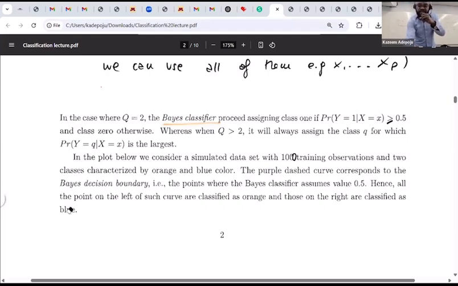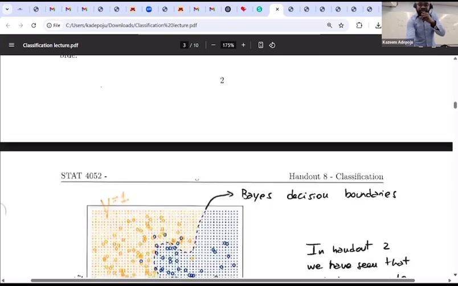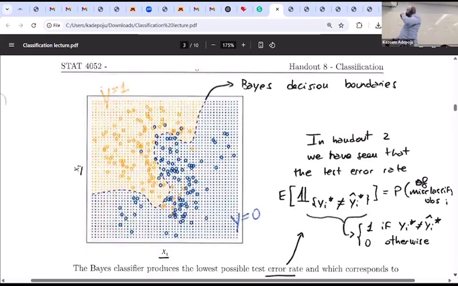I need you to pay attention and take a look at this. Now, the Bayes decision boundary, you can see it's like a curve, right? Let me tell you this: the Bayes decision boundary may be non-linear in nature, may be linear in nature. Does that make sense?